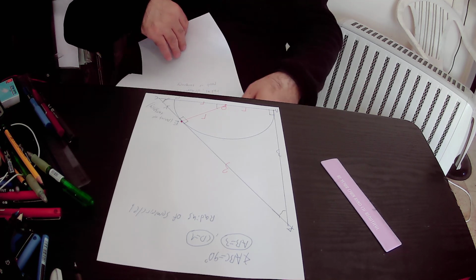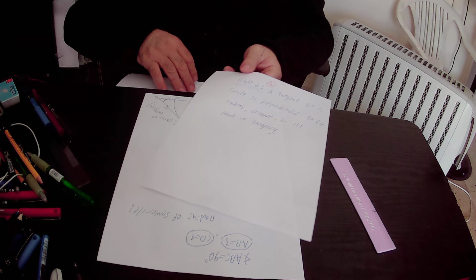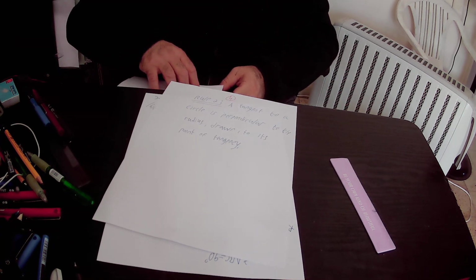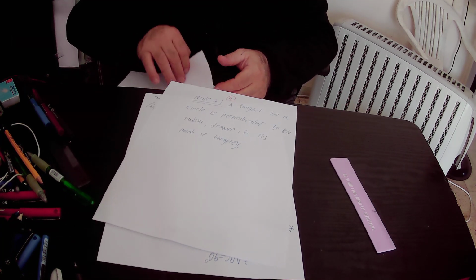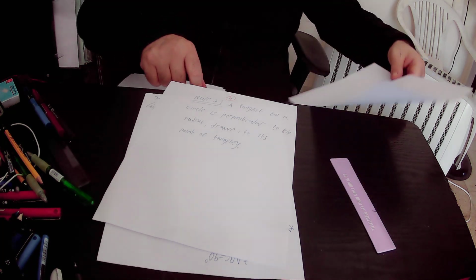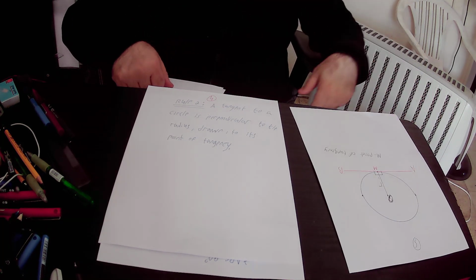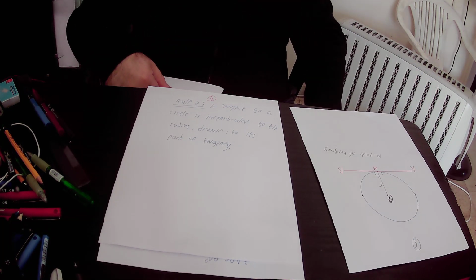Then I presented to you rule number 2. Rule number 2 states that a tangent to a circle is perpendicular to the radius drawn to its point of tangency. So what is the meaning of rule number 2?